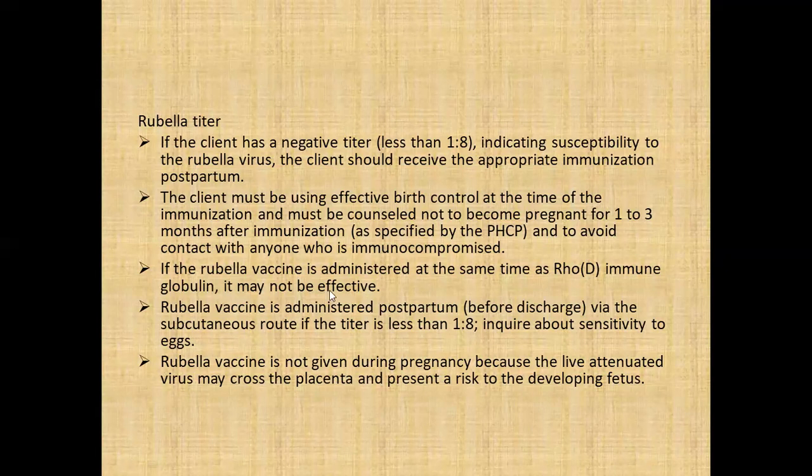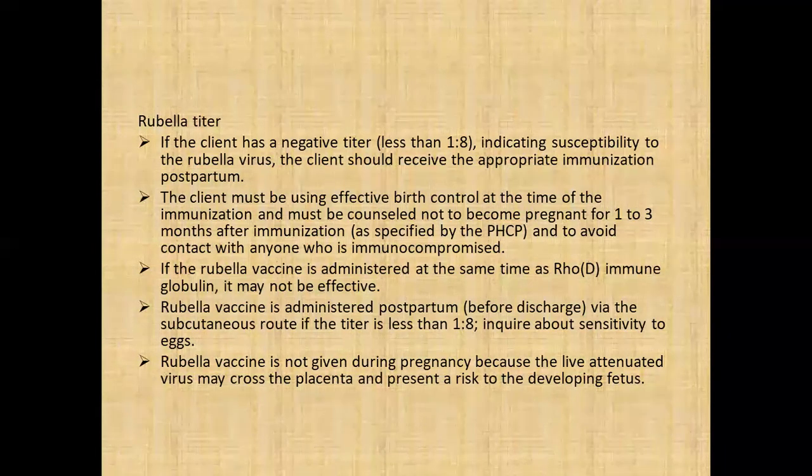All right, so let's look at rubella. With rubella, we know that this is a virus that if you are pregnant and you contract this viral infection, the baby will be affected because this virus can cross the placenta barrier and cause some form of congenital abnormality during pregnancy.